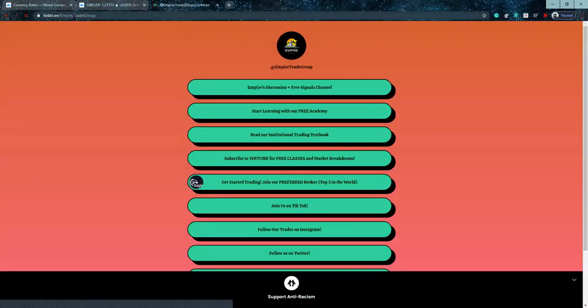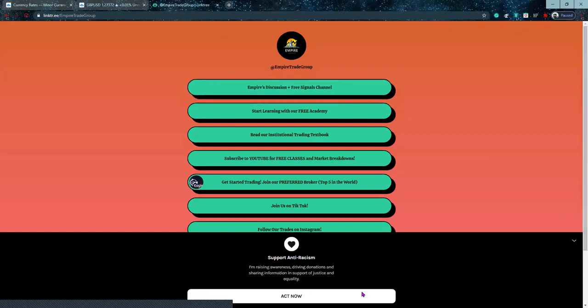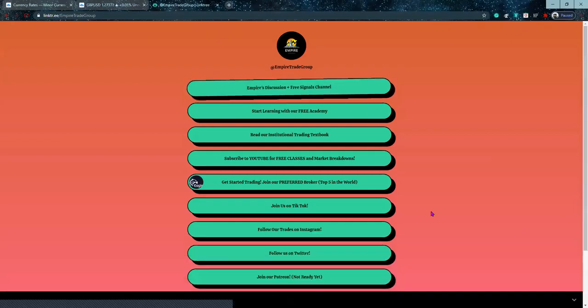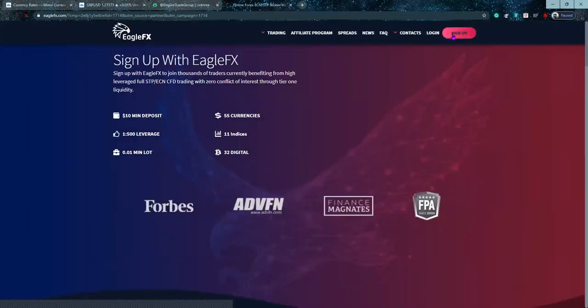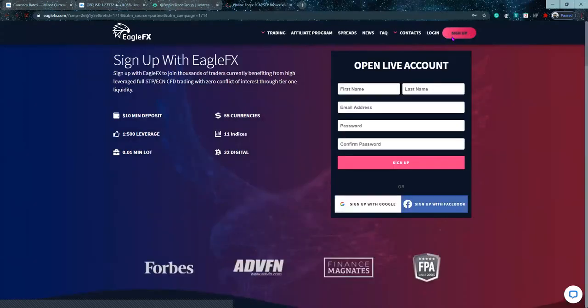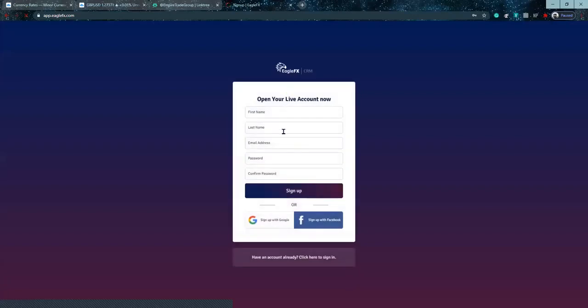So you have our link tree, right? Our link tree that we always put up in the group, you know, if you guys want to donate. And you come down here, our preferred broker, right? And then with our preferred broker, you just click sign up, and then you sign up. It literally just takes your name, your email address, and your password.